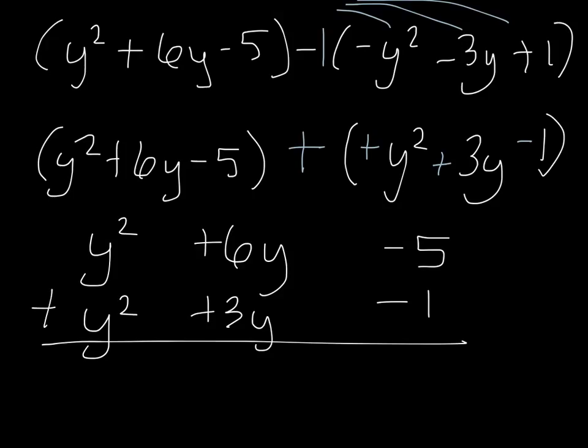So I've got 2y squared plus 9y minus 6. So my final polynomial, or the answer to this original subtraction problem, is 2y squared minus 9y minus 6.